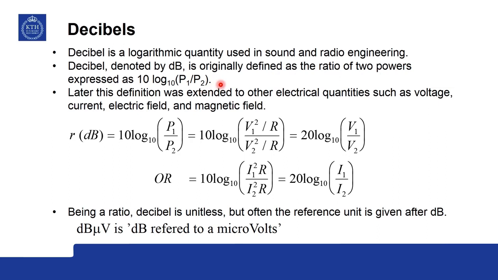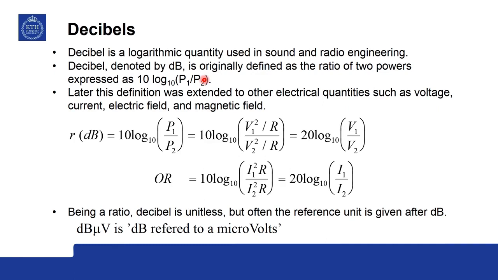P1 and P2 are two powers. One may be from the signal source and one may be after amplification, so you can see what the gain is. Gain is P1 by P2, some ratio of powers you can define. So, 10 times log to the base 10.